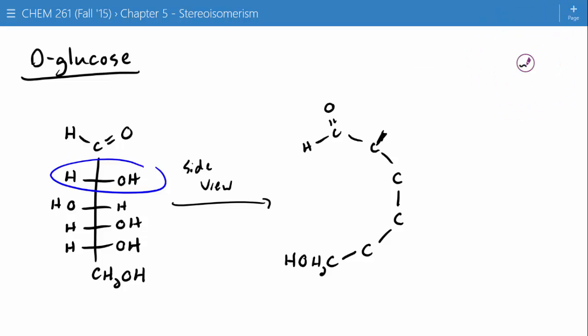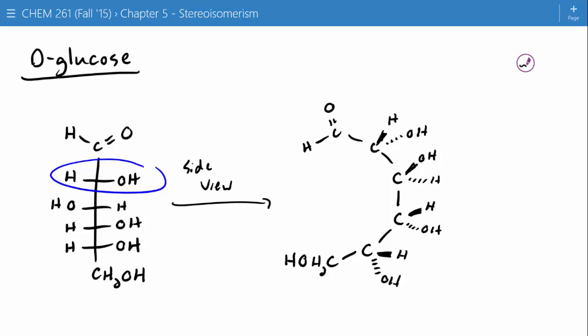So you've got a hydrogen sticking out here, an OH going back. The next one, we've got an OH sticking out here, hydrogen going back. Next one, we've got a hydrogen coming towards us, OH going back. And we've got a hydrogen here, and an OH going back.